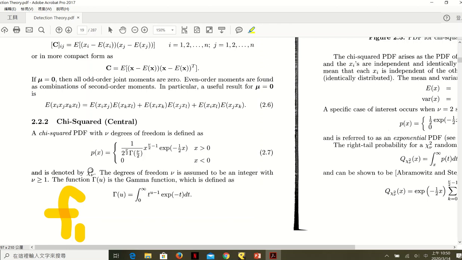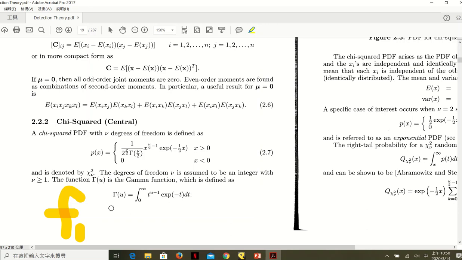Although we pronounce it as square, there is no square here. It's not mathematically a square. And then the degree of freedom v is assumed to be an integer for values larger than 1. And then the gamma function is defined this way.